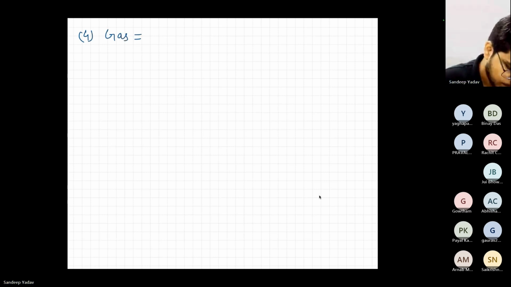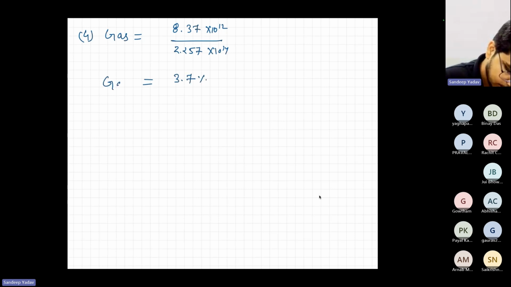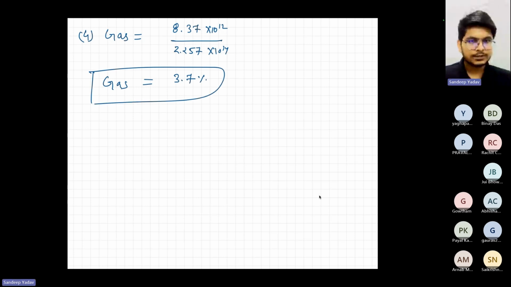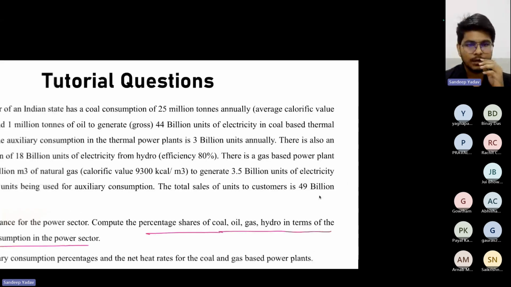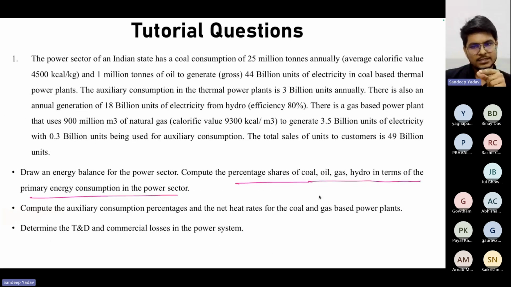That would be 8.37 into 10 raised to power 12 divided by 2.257 into 10 raised to power 14. That would be 3.7% for the gas. So the first thing that was asked in the question, we have solved. That is, compute the percentage shares of coal, oil, gas, and hydro. So we have calculated this.